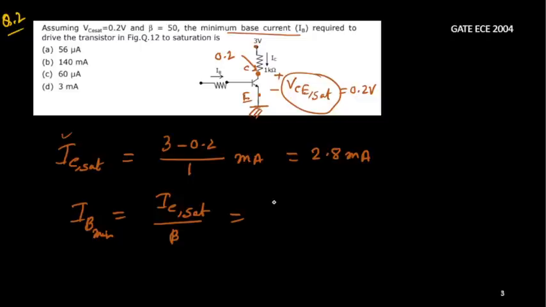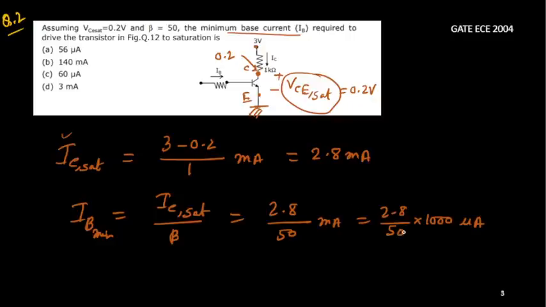That will not be considered. So this value is 2.8 milliampere and beta is given as 50. So this is 2.8 by 50 into 1000, and it could be in the microampere range.